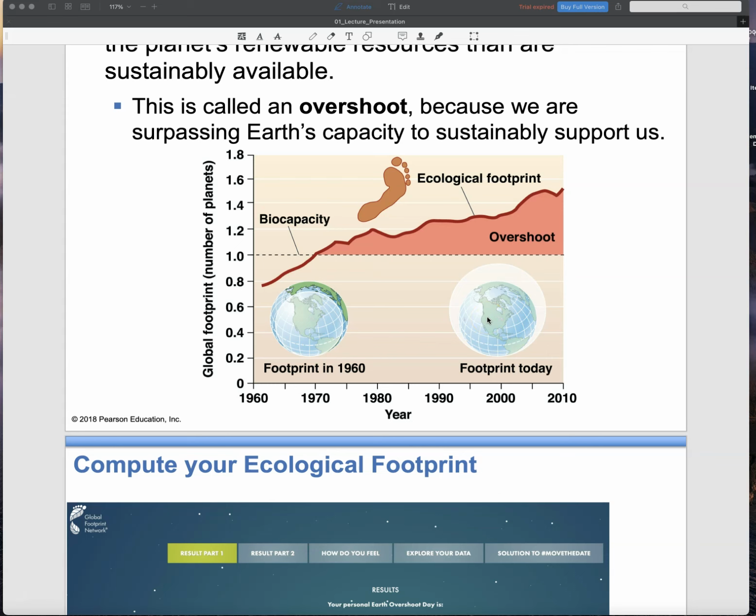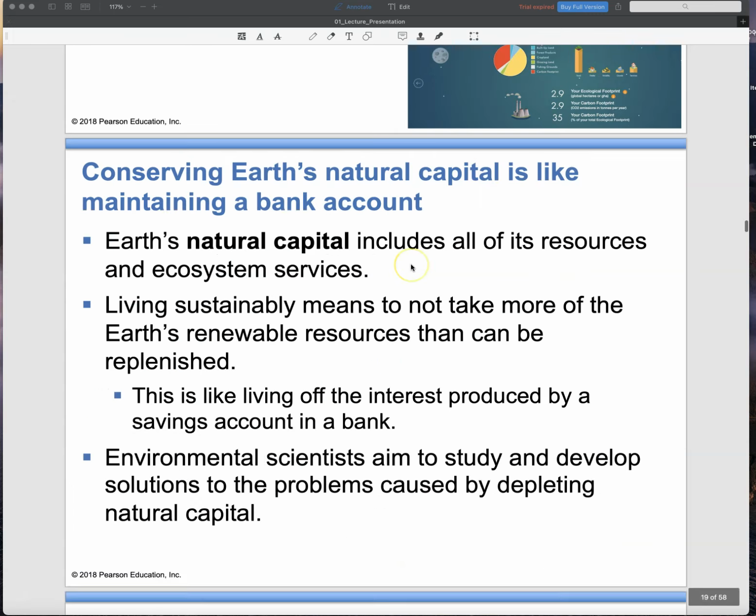So almost 70% more of what we have. So more or less, the ecological footprint today is around, in average, 2.7 hectares all over the world.